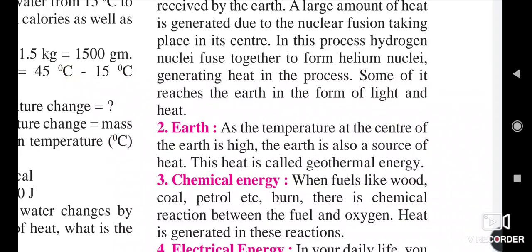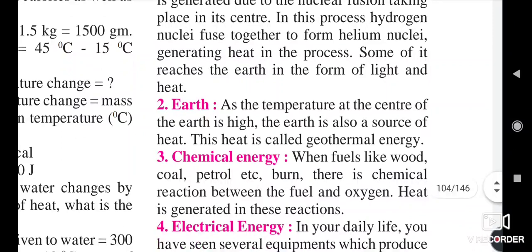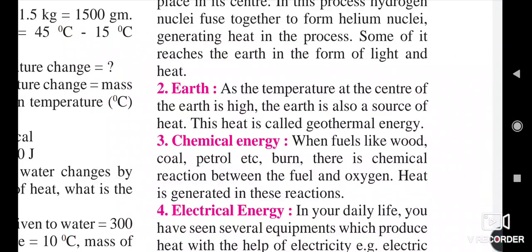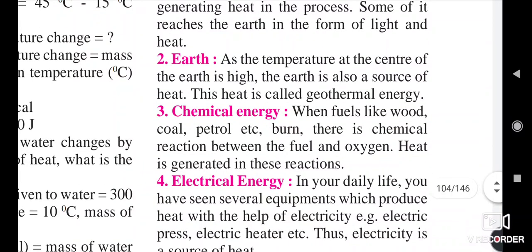Okay, so the core of the earth is also one of the sources of heat on the earth. Okay. The third source of heat is chemical energy.